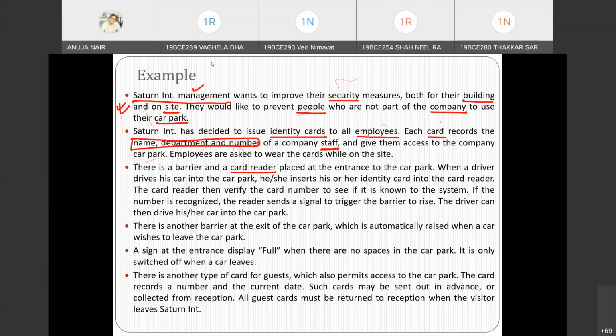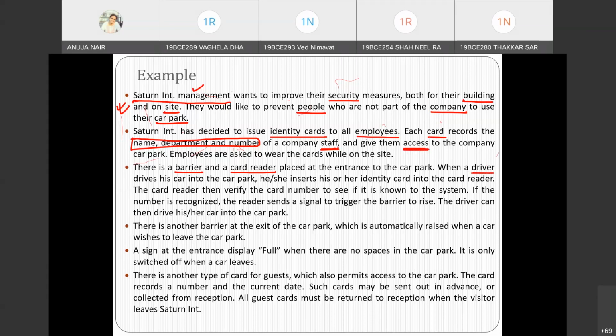Okay. Let's come to the third statement. Third statement, card reader, we have already done. Barrier, very good. Then access, okay, access also we can consider. Okay, driver, yes. Card reader is already taken.